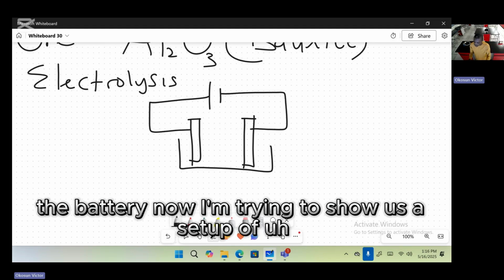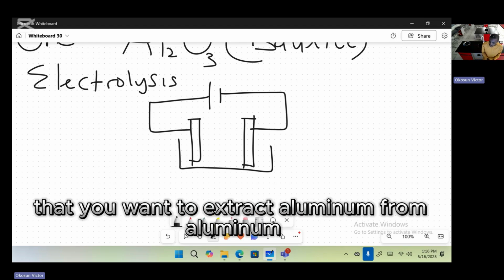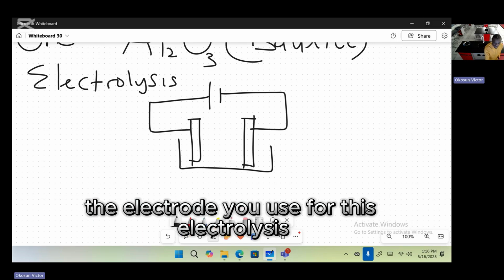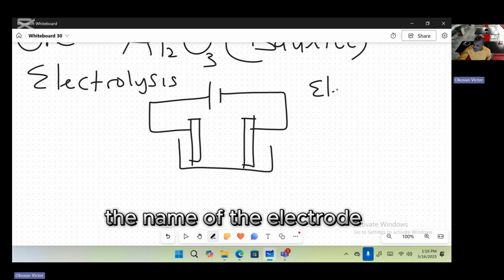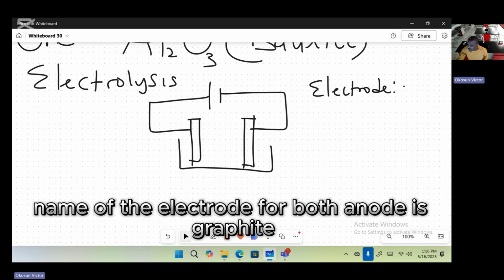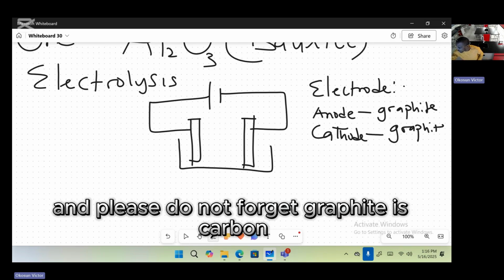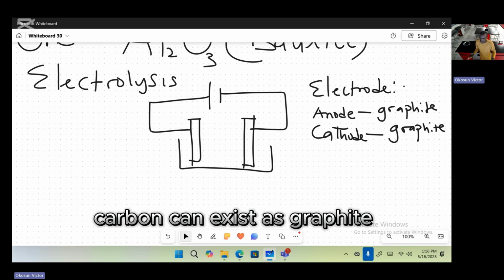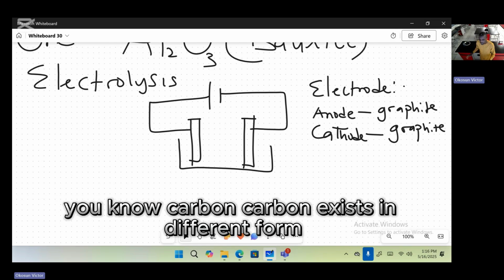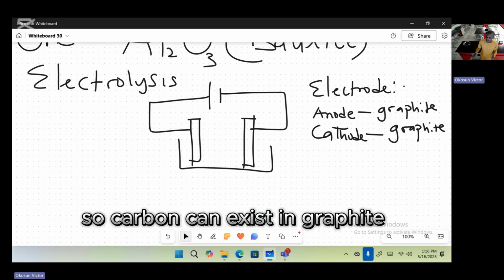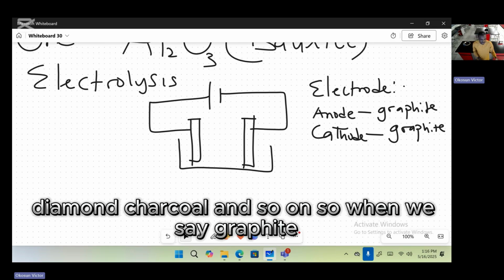I'm trying to show us the setup of electrolysis where you want to extract aluminium from aluminium oxide. Now, the electrode you use for this electrolysis, please take note: for both anode and cathode, you use graphite. And please do not forget, graphite is carbon. Carbon exists in different forms, such as graphite, diamond, charcoal, and so on. So when we say graphite, we are saying carbon.